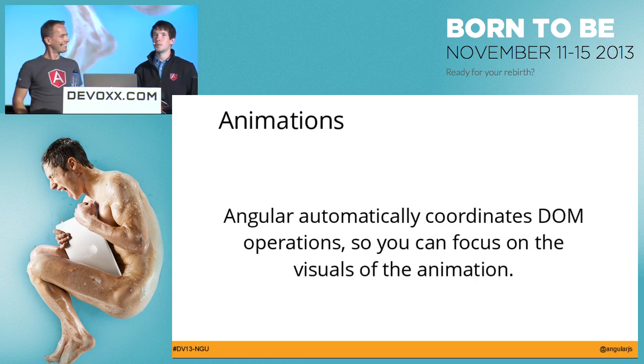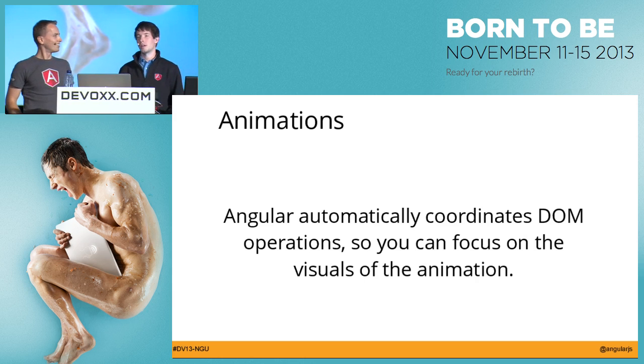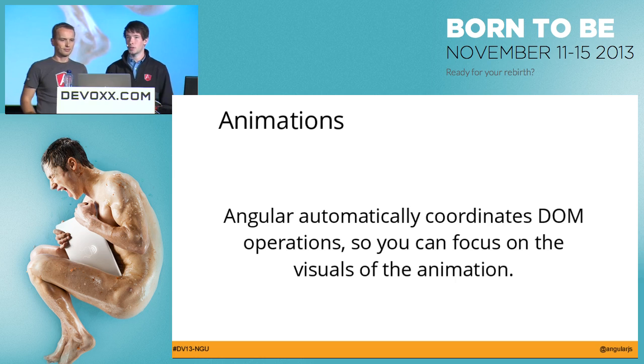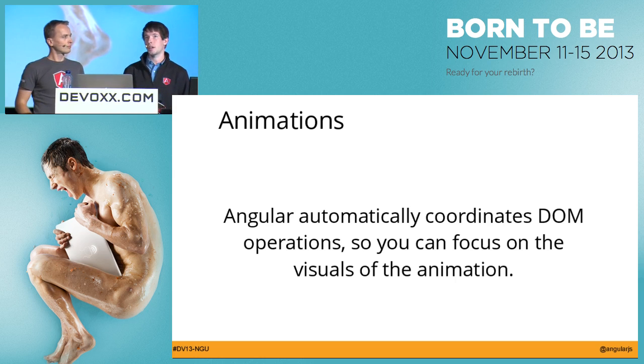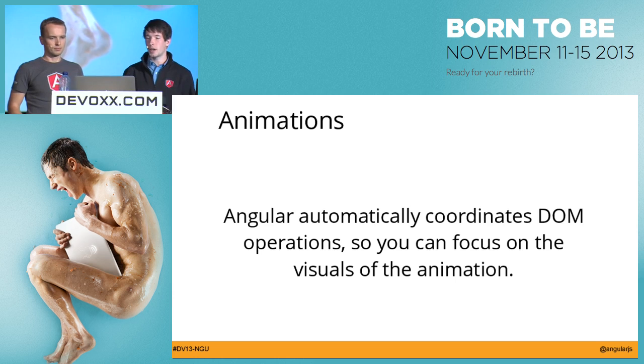All right, so we took the same approach that Angular takes with directives in HTML, and we tried to apply that to animations with CSS. So we want to have Angular take care of all of these annoying coordination bits, and then you can really focus on writing your styles in a very declarative way.